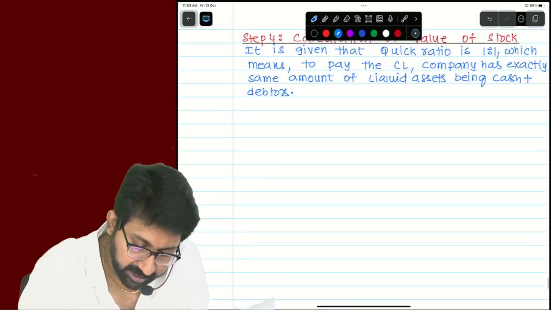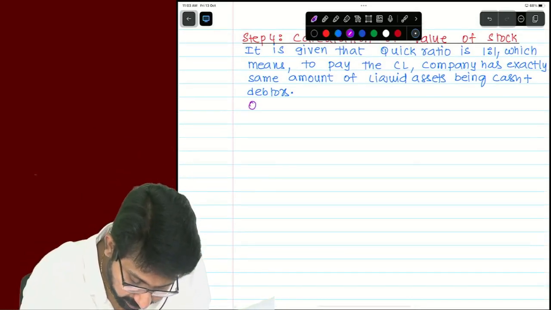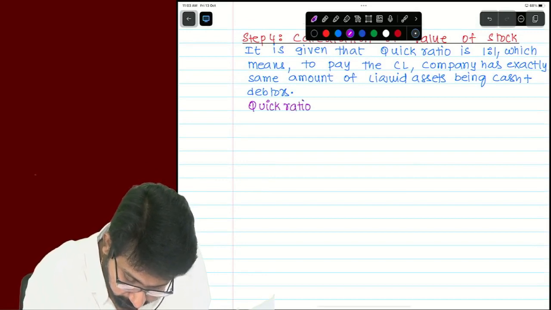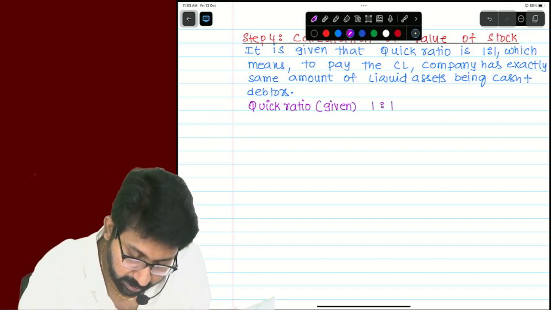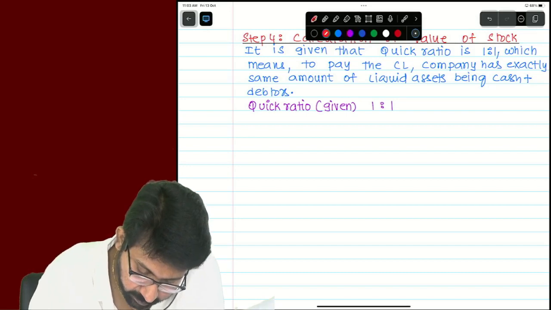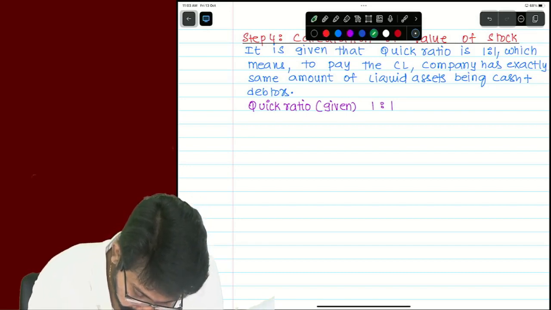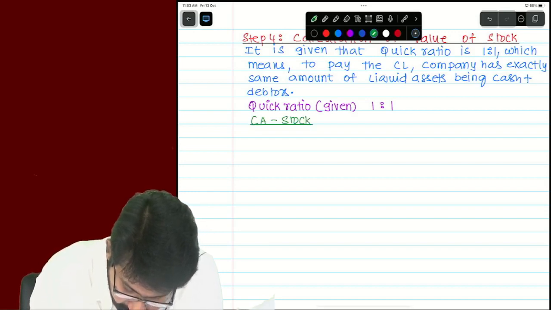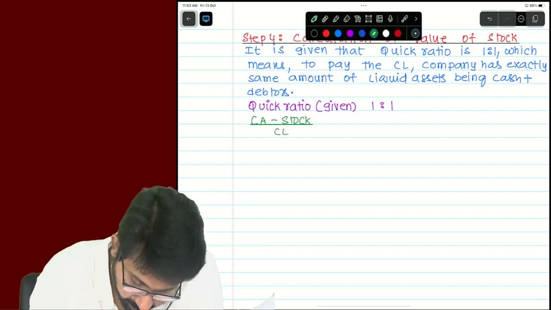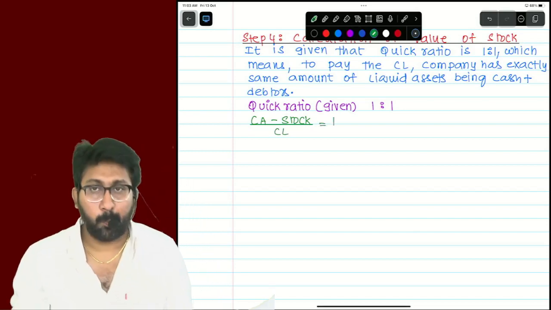Tell me, what is the ratio we need to calculate? Quick ratio. Already given. Write down: quick ratio given 1:1. Write down the formula for the quick ratio. Current assets minus stock divided by current liabilities equal to 1.